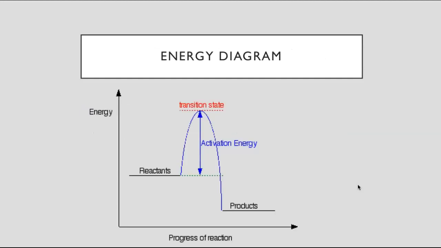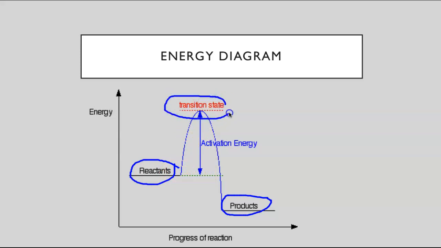So let's look at an energy diagram. We have the reactants here, and then on this side we have the products. So we've got reactants and products. The activation energy is the amount of energy that's necessary to get from the reactants to that transition state.